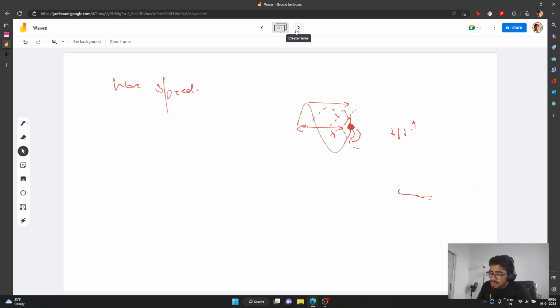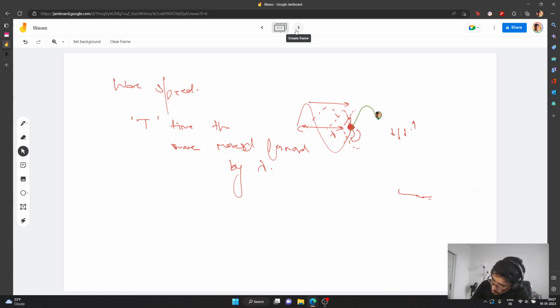Okay, so how much has the wave moved in this distance? In one time period T, in T time, the wave moved forward by lambda. So it was here, and then in the new situation, the wave would be right here.